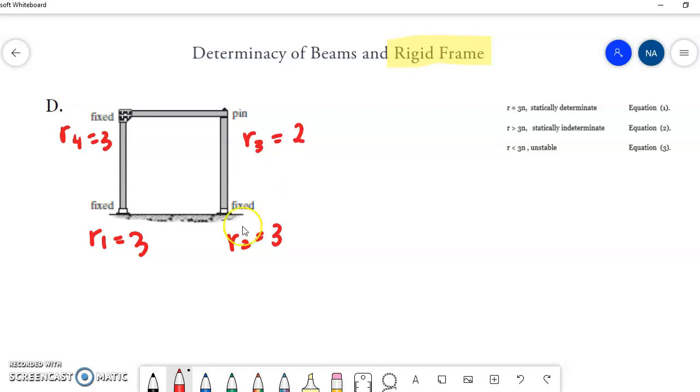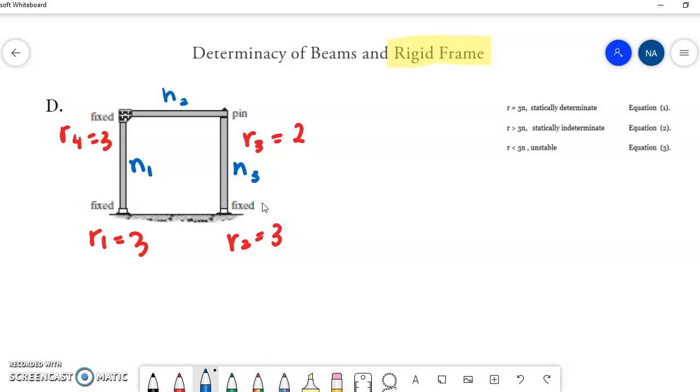So how many parts? It's very easy in this example to see the number of n. This is n1, this is n2, and this is n3.